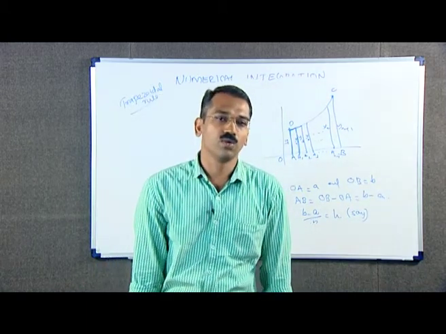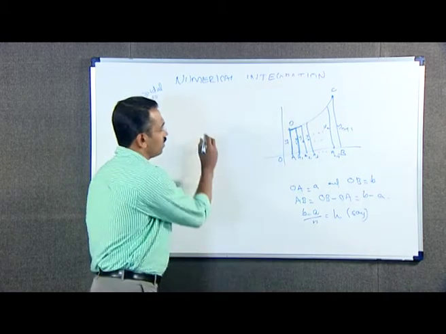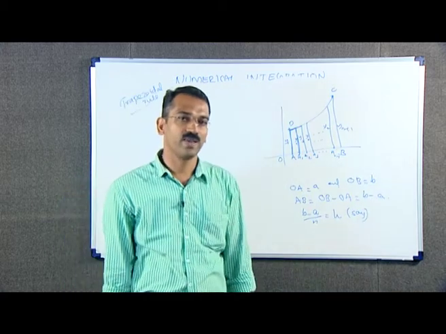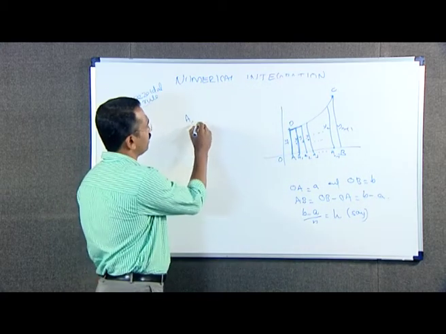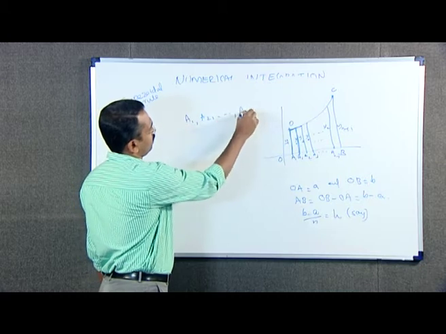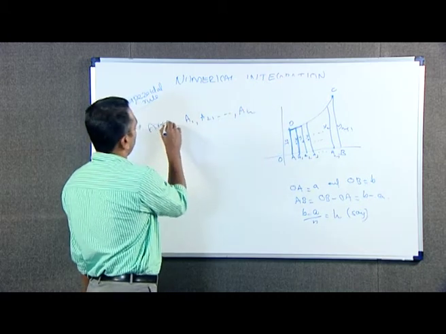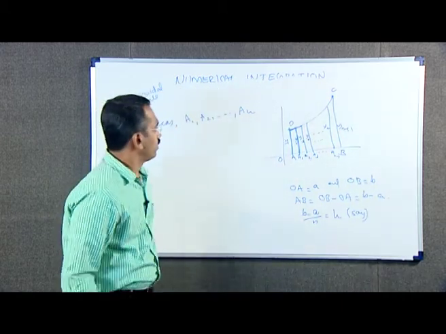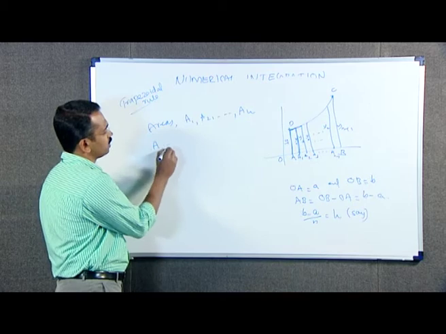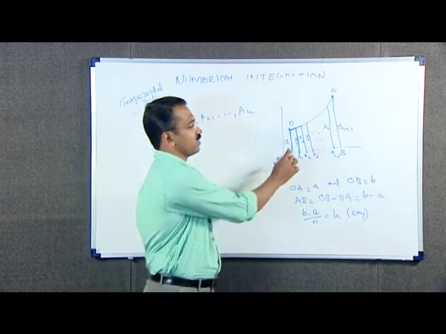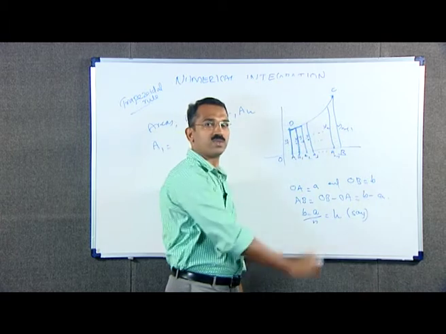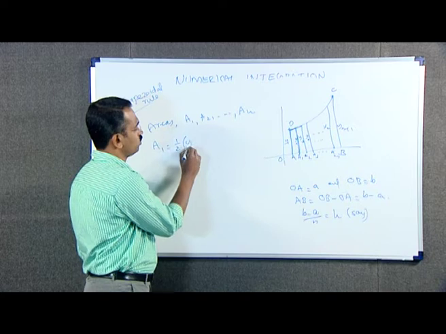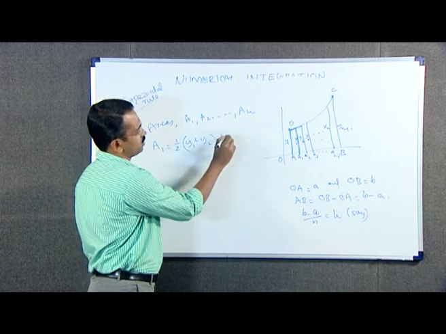Now, assume the respective areas of each trapezium be A1, A2, etc. An are the areas. Therefore, A1, the area of this first trapezium, is equal to 1 by 2 into y1 plus y2 into h.